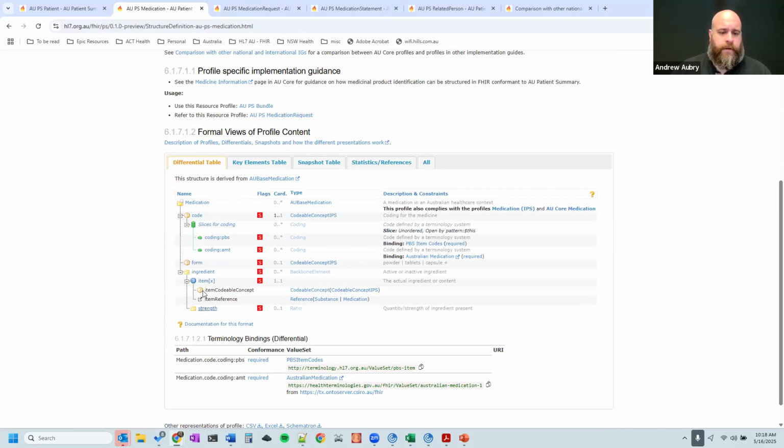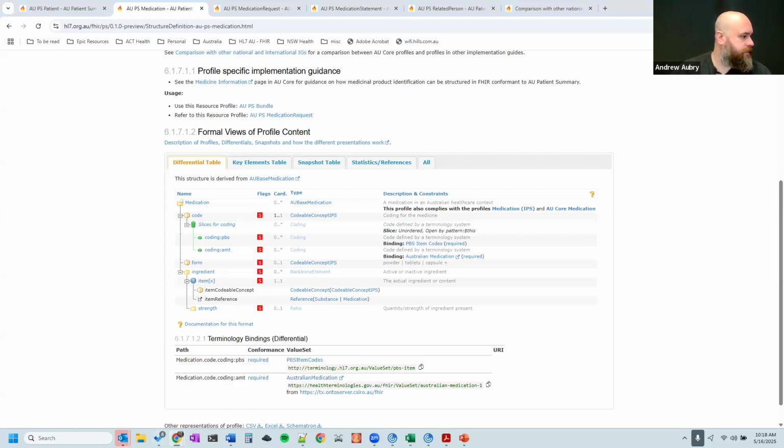So form, ingredient, code, etc. The one other major difference between the IPS and the AU Core is these slices for coding. Right now, we are inheriting these slices with AMT and PBS, which are not necessarily code sets in the IPS realm.